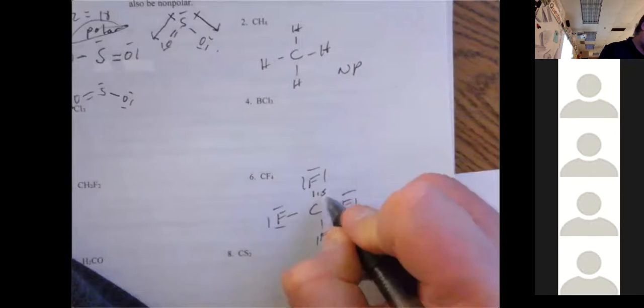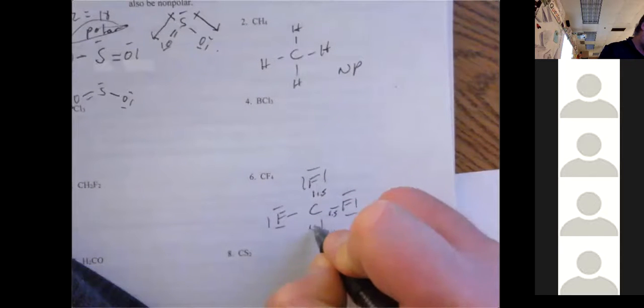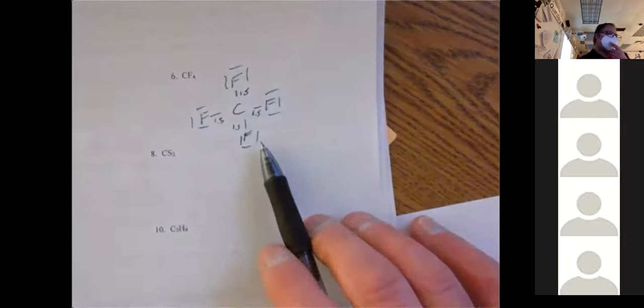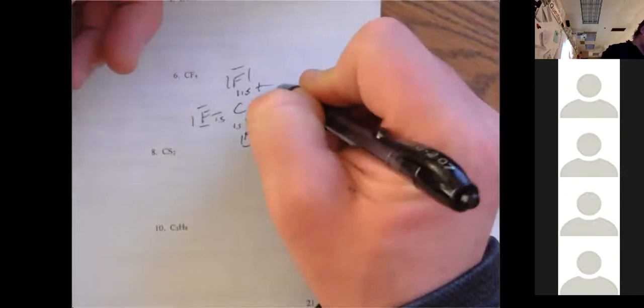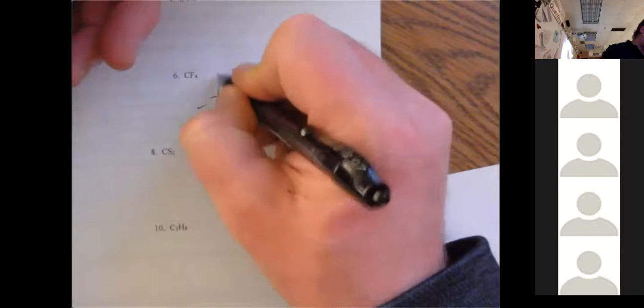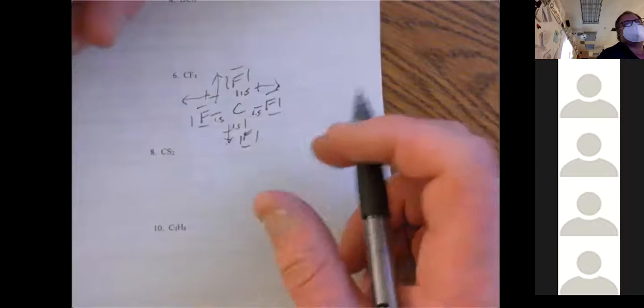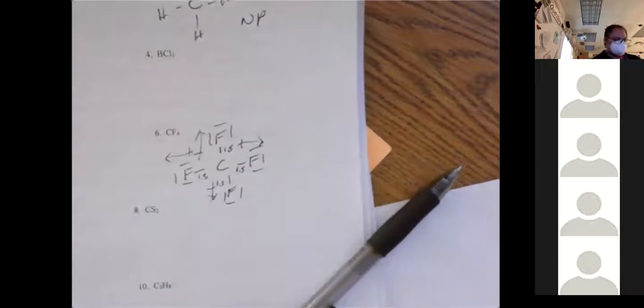So that's 1.5, 1.5, 1.5, 1.5. We have polar bonds. So this has the chance to be polar. The problem is it's tetrahedral in arrangement. So there's a pull that way, a pull that way, a pull that way, and a pull that way. All of these different pulls are going to cancel out the rest of them.